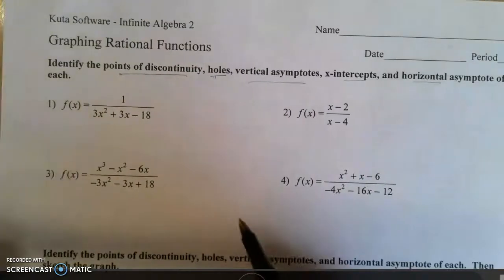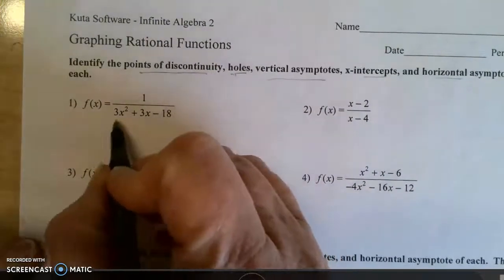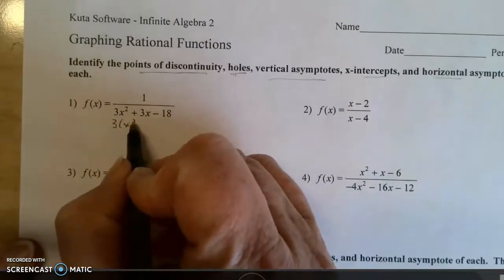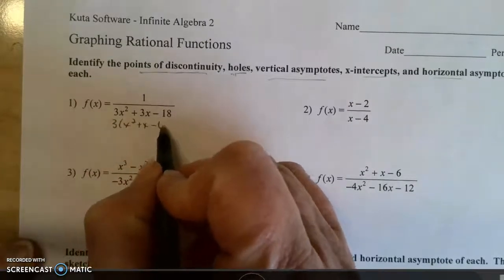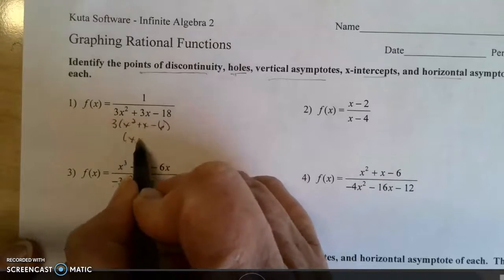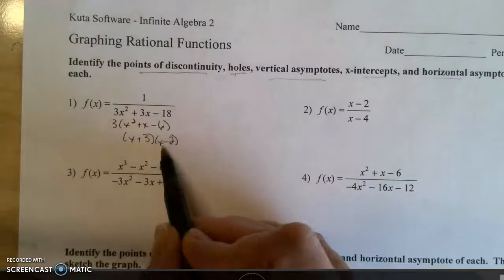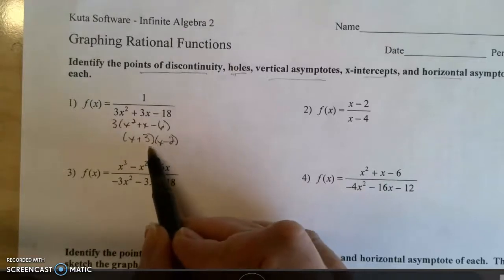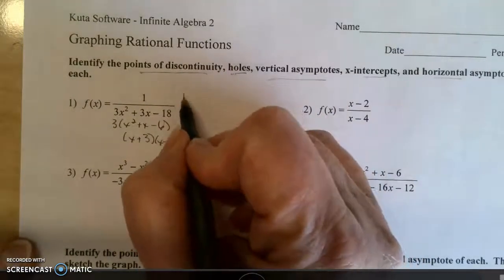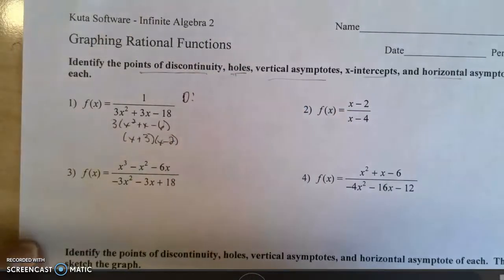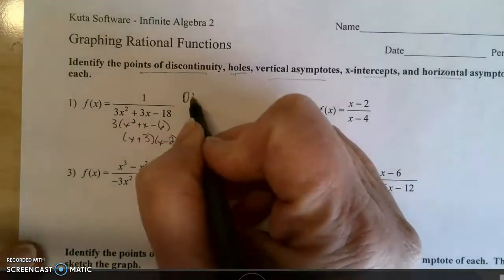So the first thing we're going to do to find that is we're going to factor. So I'm going to take a 3 out, and then I'm going to factor. So we have points of discontinuity. So we set our denominator equal to 0.